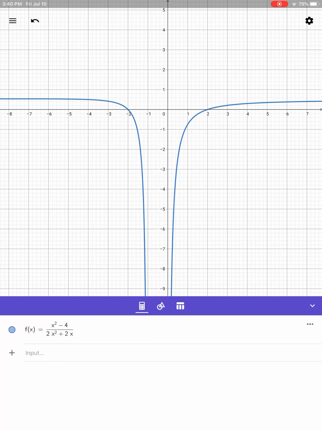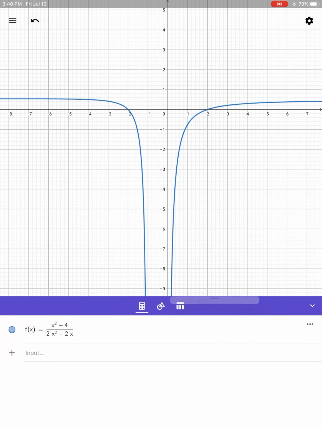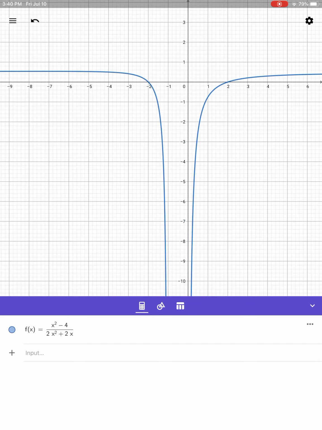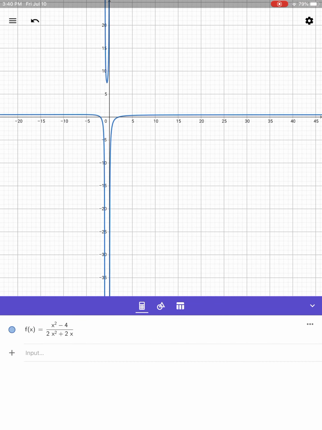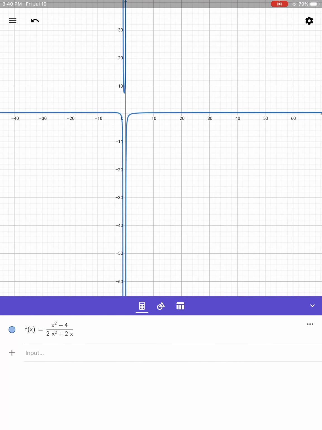Okay, x square minus 4 divided by 2x square plus 2x. Yeah, the graph looks somewhat like this. It is similar to the one that you see in the book as well.